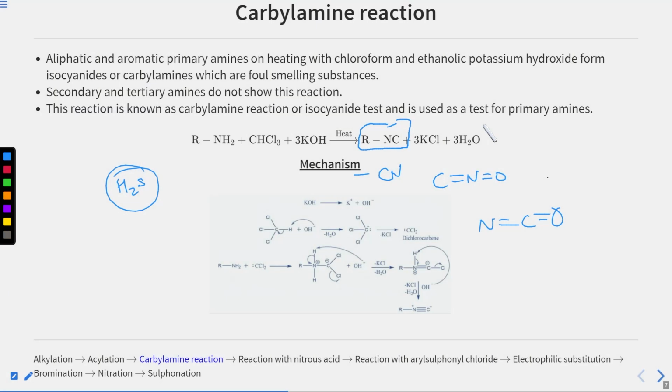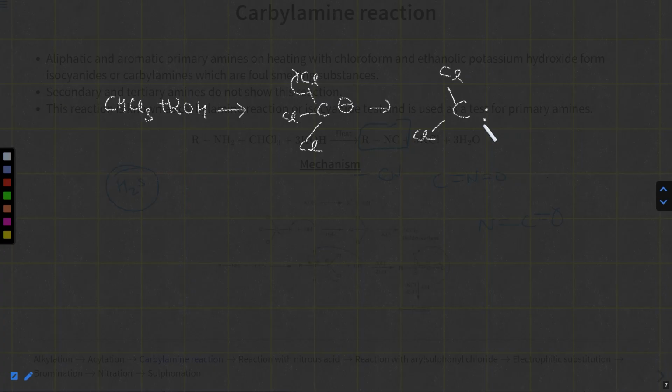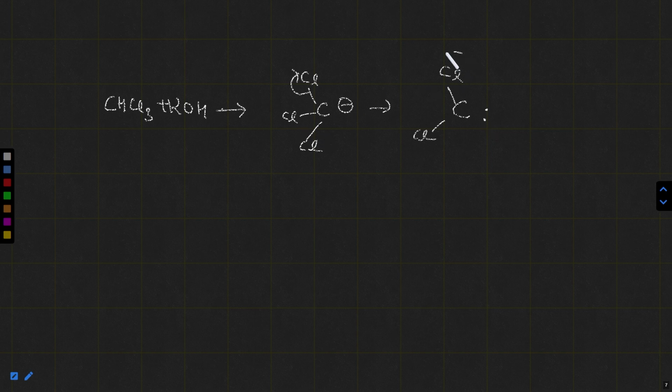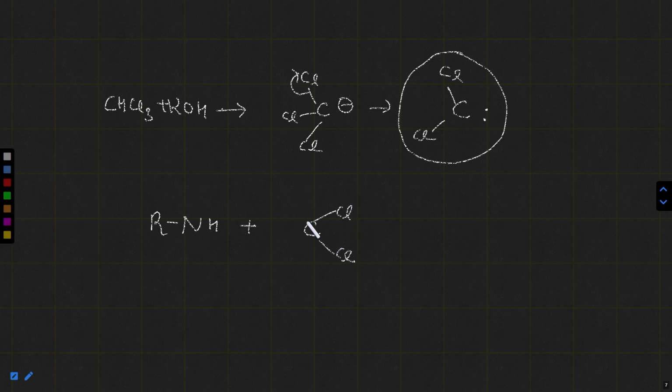Now next, what will happen? We have an electron deficient compound, and we have a nucleophile, RNH2. So this RNH2 will attack CCl. It will donate its electrons to this CCl.